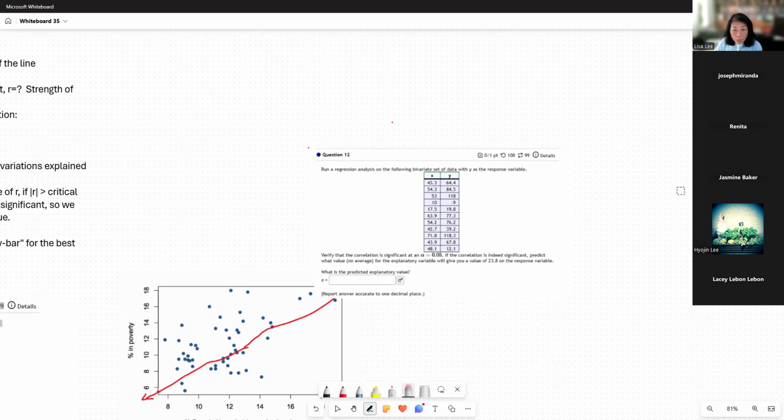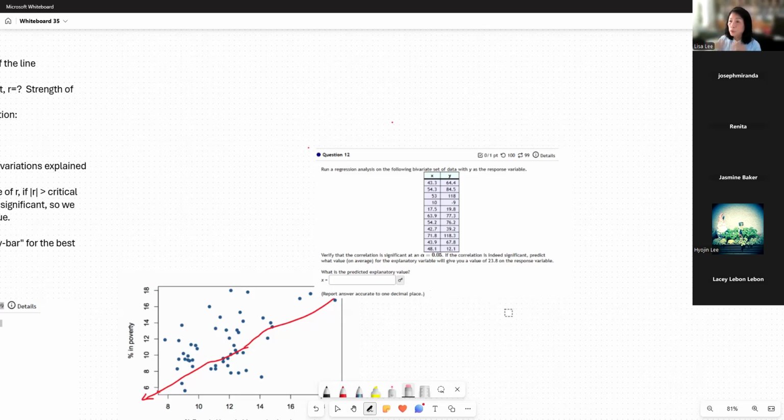Okay. So for this problem, one thing we have to be careful about is the statement here. It says verify the correlation is significant at alpha equal 0.05. If the correlation is indeed significant, predict that value for the explanatory variable. That means we have to find the x, not the y.